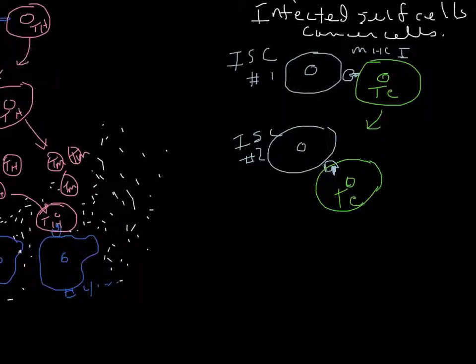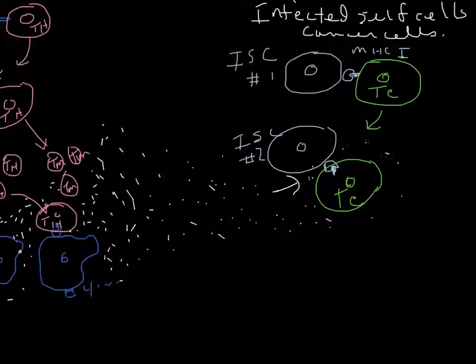Now, this is kind of interesting here, because what's going to happen at this point is that when the co-stimulation occurs right here, this interleukin that is being secreted by the helper T cell is going to activate the cloning process of the cytotoxic T cell.